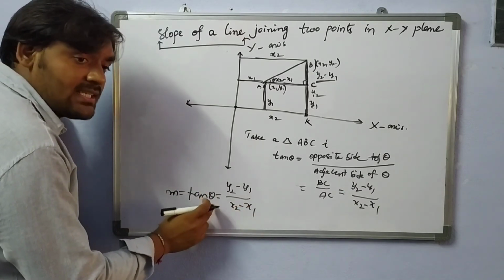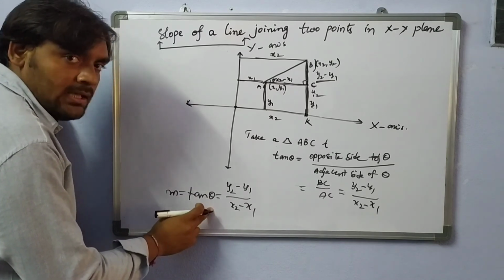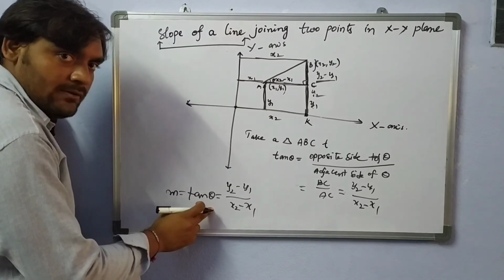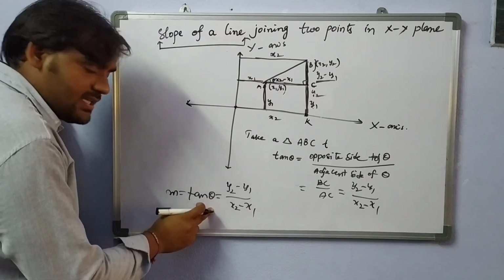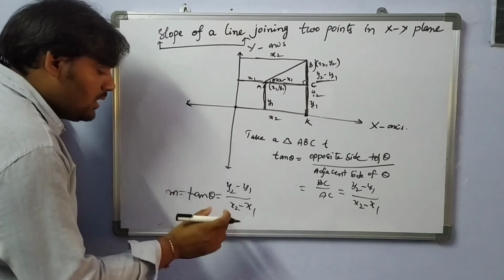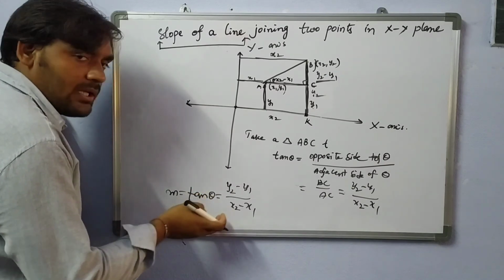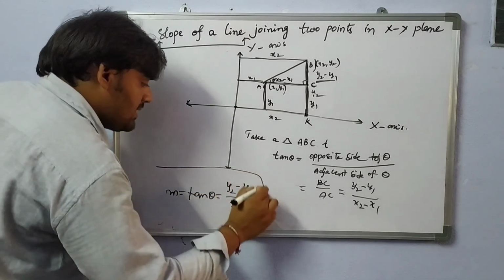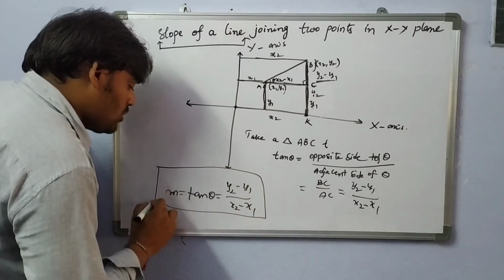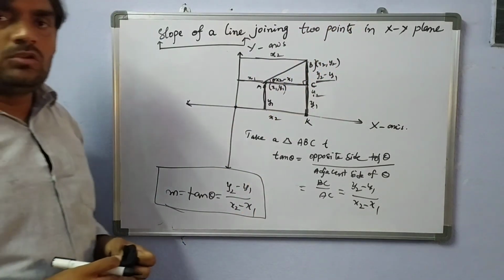Theta is nothing but the steepness of a line, the angle made by a line with the x-axis in anti-clockwise direction. When you include tan theta, it becomes the slope of a line. So y2 minus y1 by x2 minus x1 is the slope of a line joining 2 points in xy plane. Isn't it? Okay, thank you.